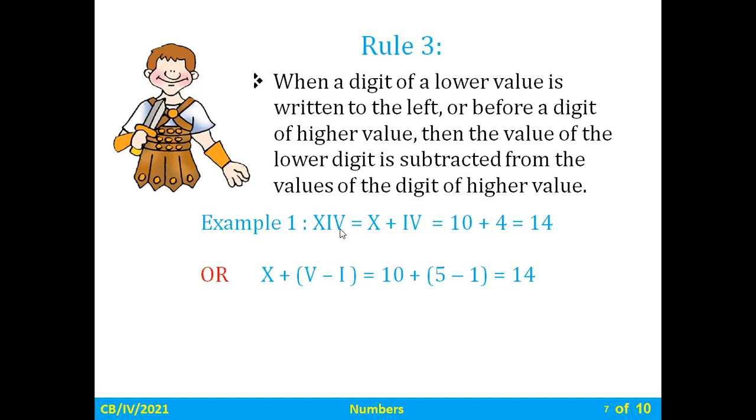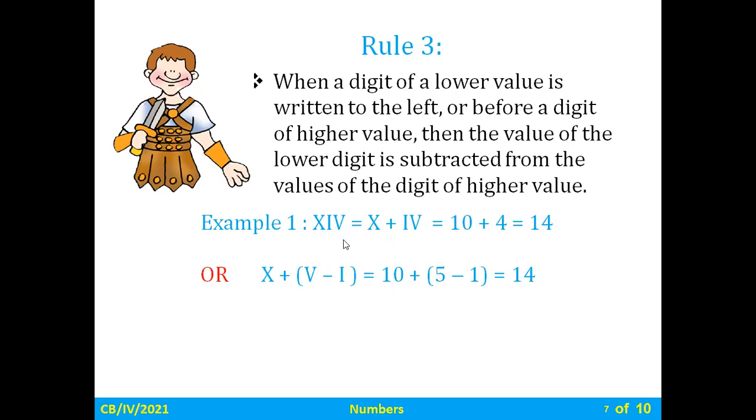This is XIV, or if we separate it out, it will be X plus IV, that is 10 plus 4, which gives us 14. 14 is written as XIV.